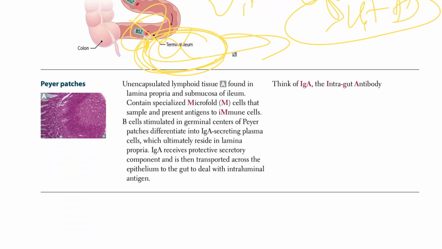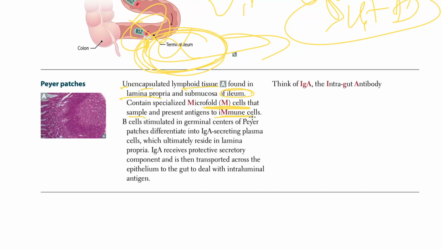These Peyer's patches are unencapsulated lymphoid tissues found in the lamina propria and submucosa of the ileum. They contain the specialized microfold M cells that sample and present antigens to immune cells.